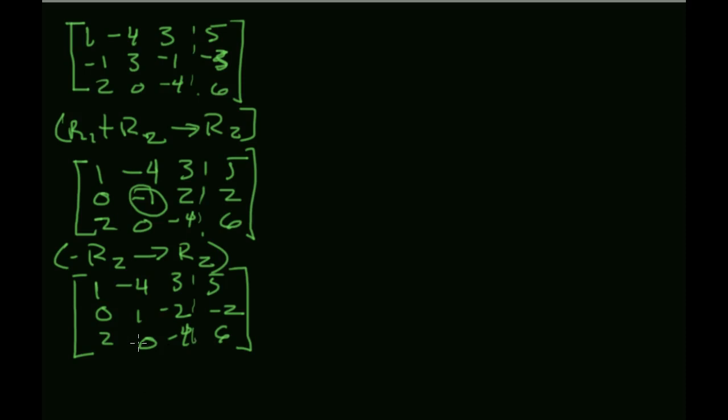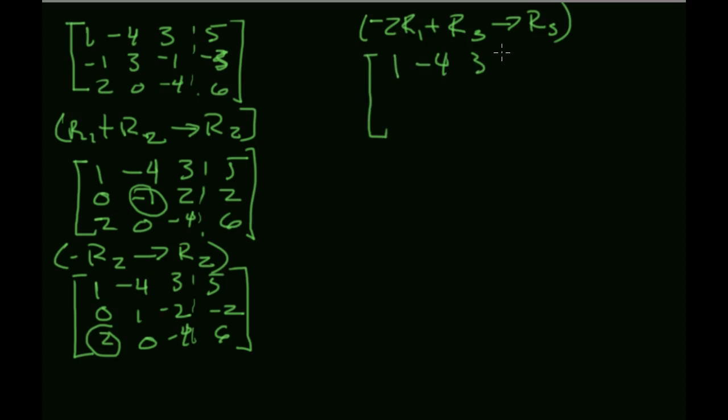All right, so we need to get rid of this 2 here in the third row. We do that by multiplying the top row by negative 2 and adding it to row 3 and replacing row 3 with that row. So the first row is 1, negative 4, 3, 5. The second row is still 0, 1, negative 2, negative 2.